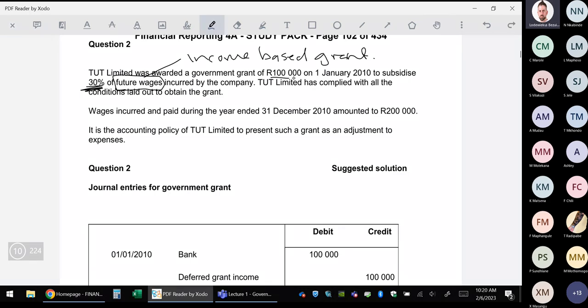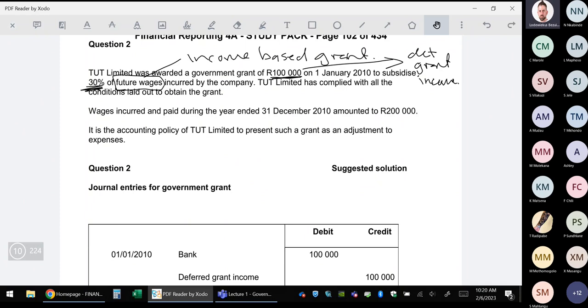The grant is 100,000. So we will take that to deferred grant income. And each year, 30% of our salaries can be written off against that grant income.